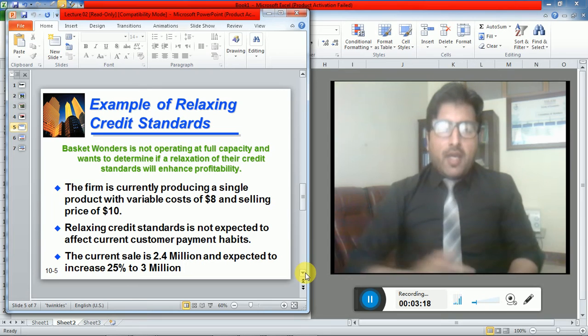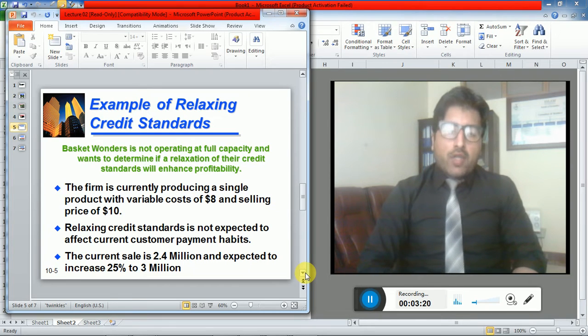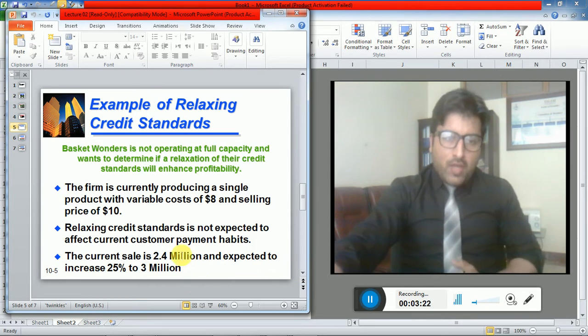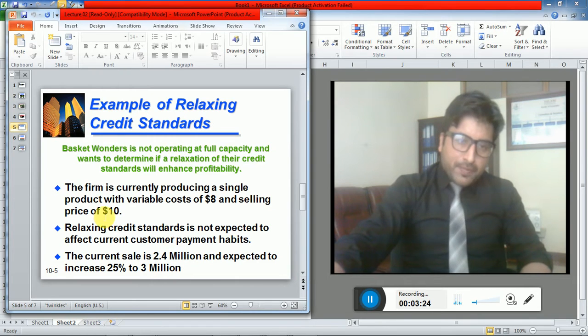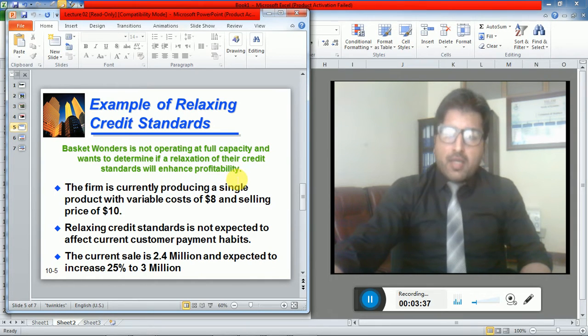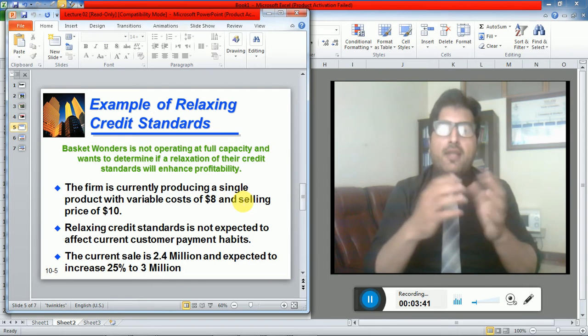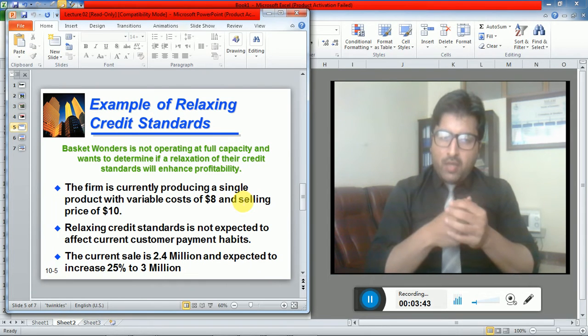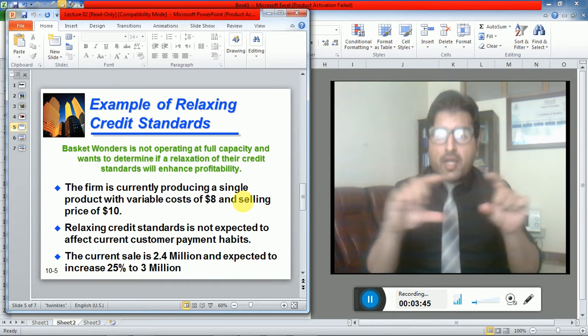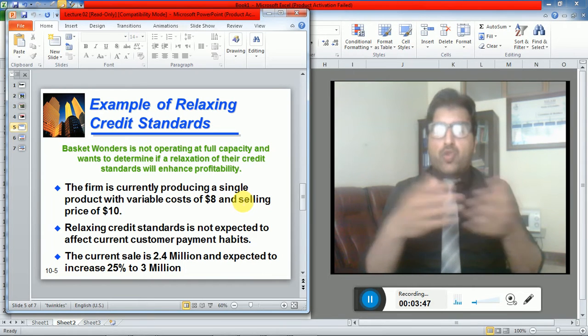Here we have an example of relaxing credit standards. Basket Wonders is not operating at full capacity and wants to determine if a relaxation of its credit standards will enhance profitability or not. Basket Wonders is a company that would like to operate at full capacity, which means the company can produce more product.